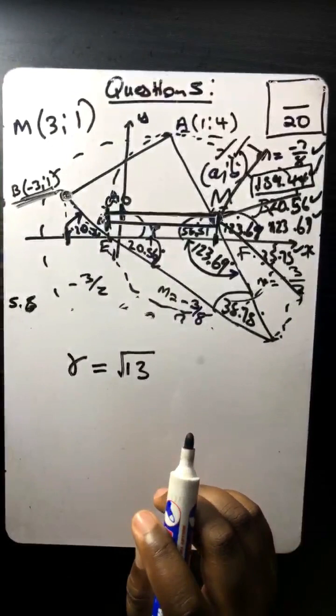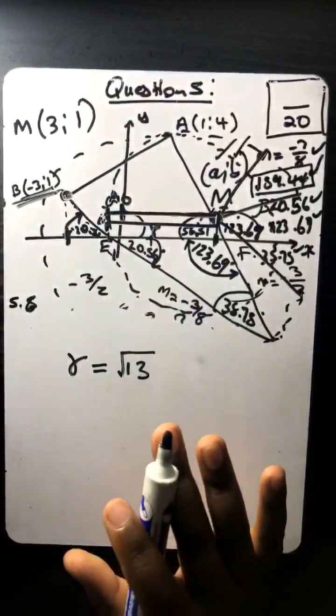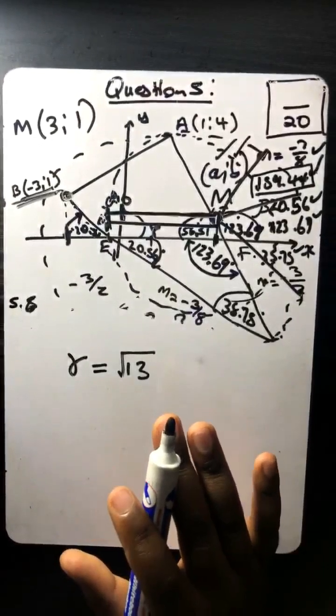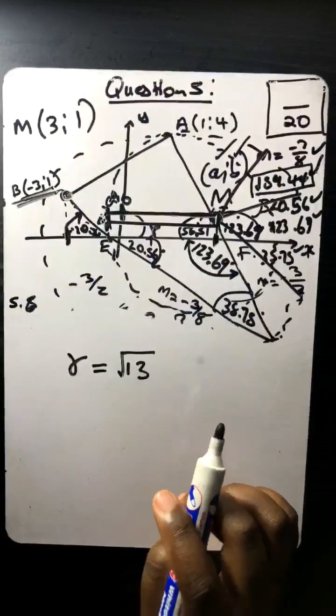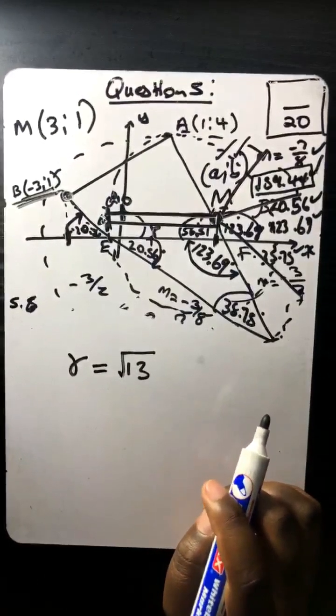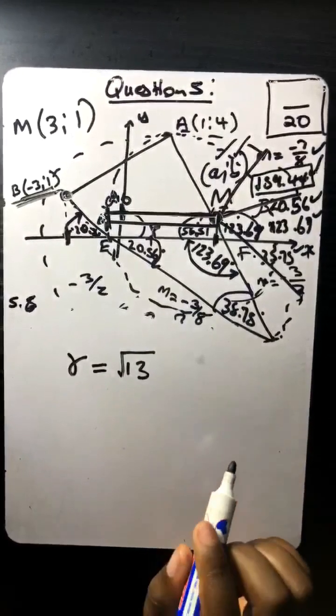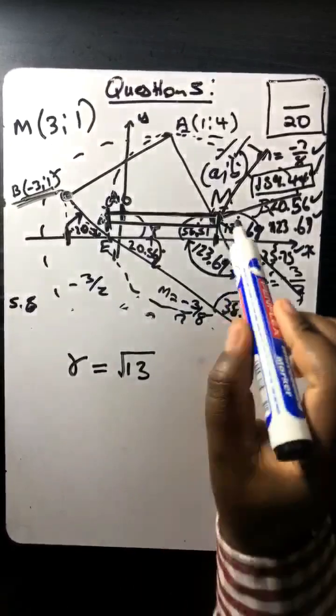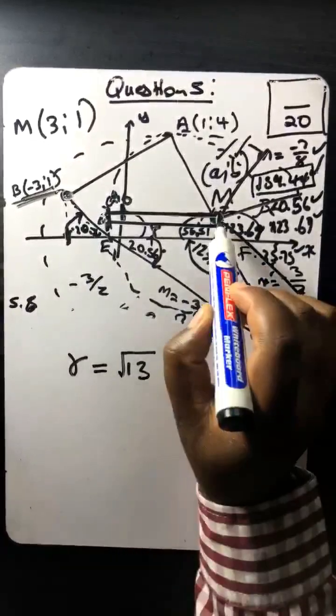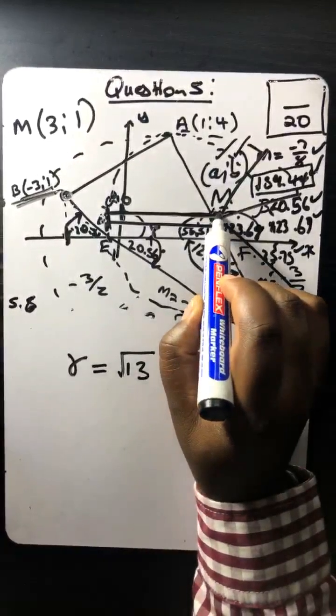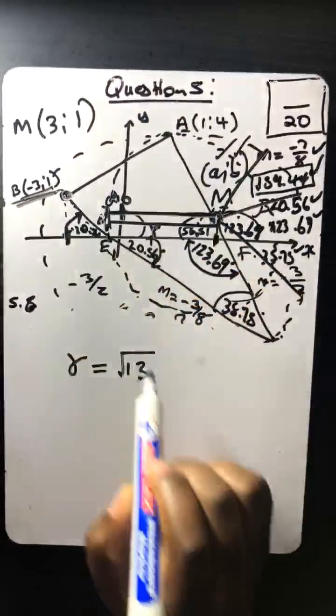Before I forget, let me quickly finish off this one just to answer the honorable member. Let me quickly work out this one and see. We said the radius is square root of 13, from there to there. This is the radius of the circle.